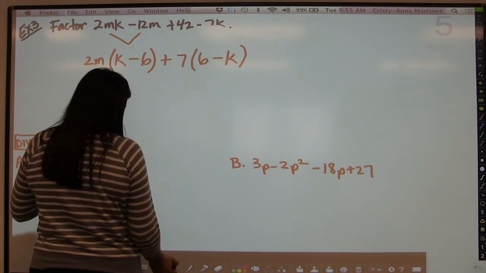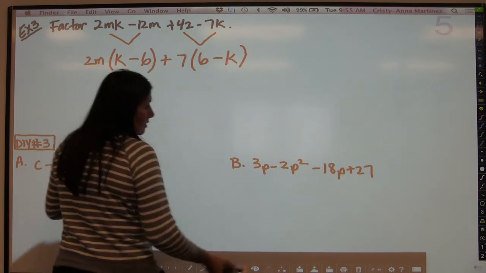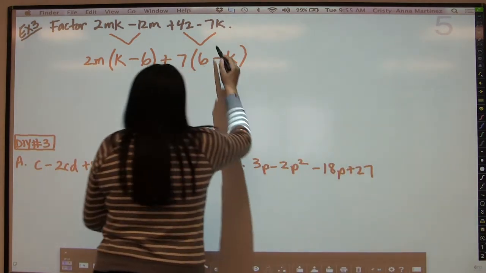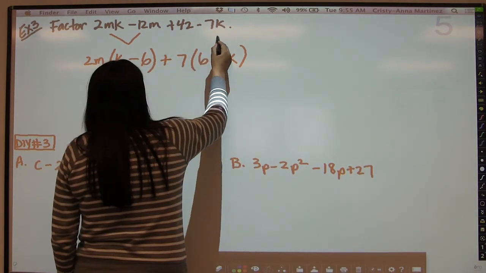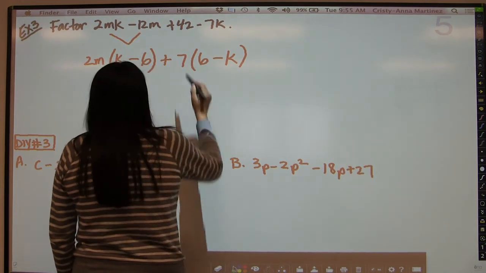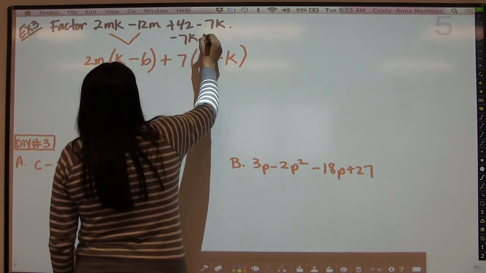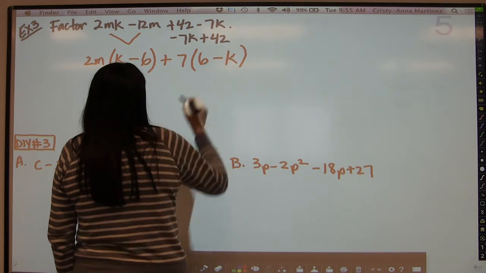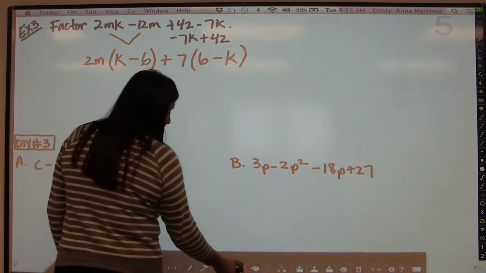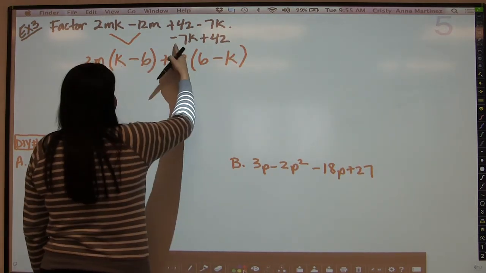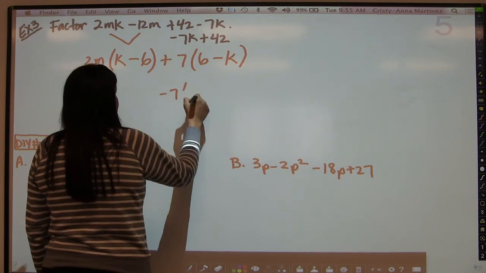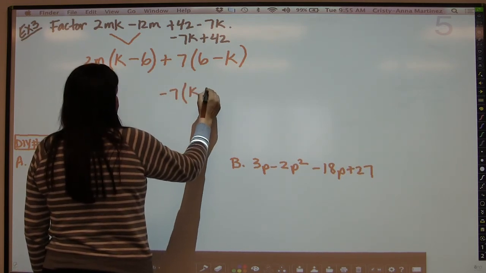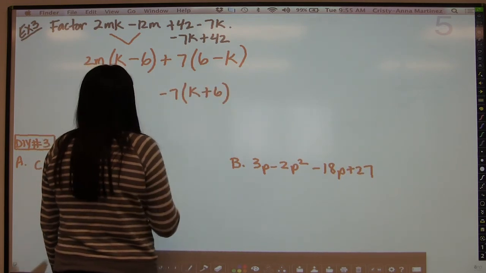Negative 7k plus 42 is the exact same thing. And when you do it that way, you end up taking out a negative 7, and then you get k plus 6. That's one option.